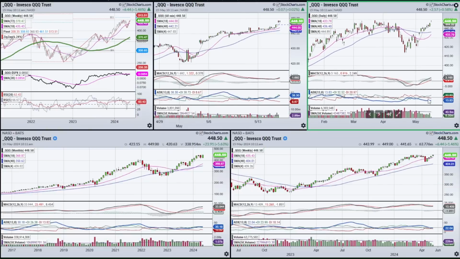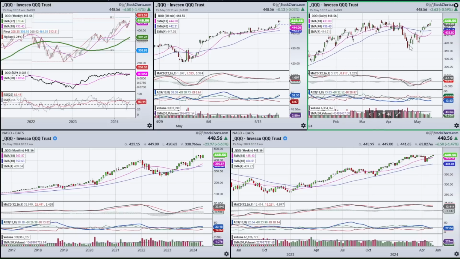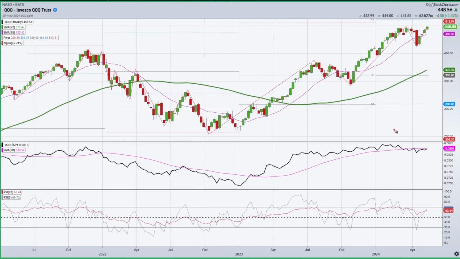I just don't think the MACD and the ADX on the daily chart are in a position to support this, especially when you break out from a pretty far level away from the 18. The 18 is down at 433 and we're up at 448 trying to break out. So it makes more sense to me that we get some kind of a little mini pullback, especially when we look at the relative strength line, which has been weakening.